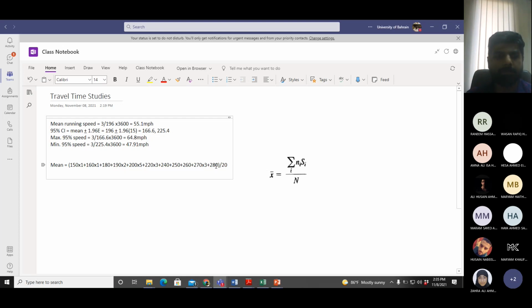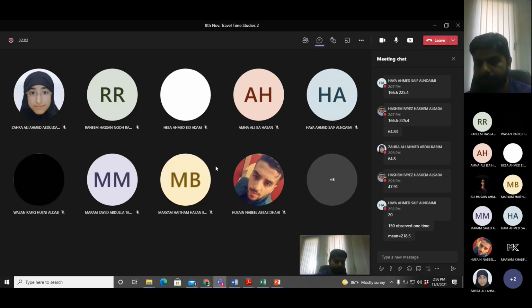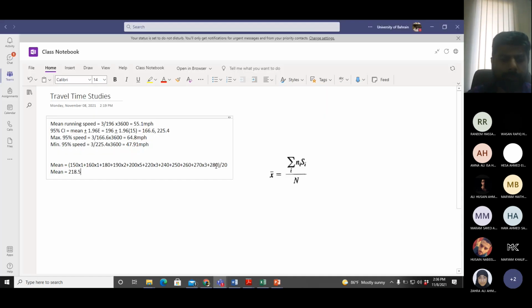Okay, give me the mean travel time. How much is it? Then you can calculate the mean travel speed, right? Using travel time, so I will use travel speed. So the length of the segment, same, 3 miles. Time, then the conversion to hours.